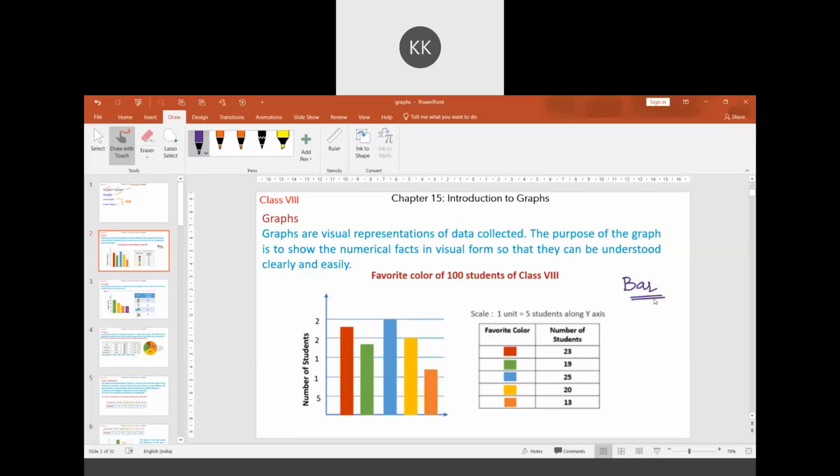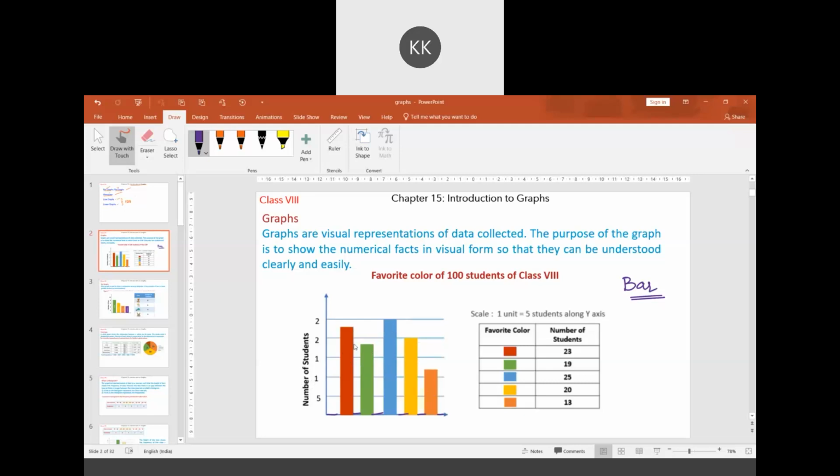In the bar graph, there will be some gap between each of the columns. This is a very important thing you should note. Here, each length of these columns represents the number of students.